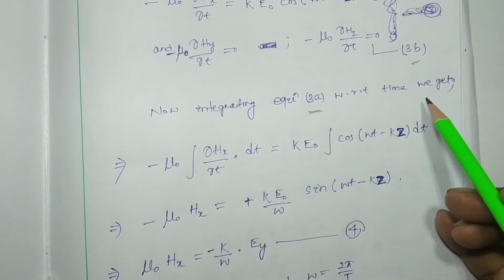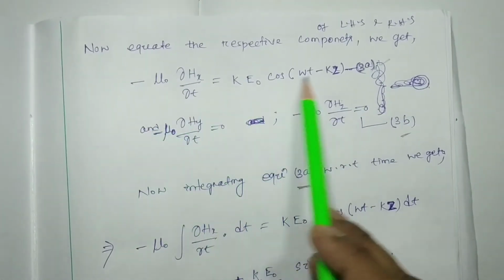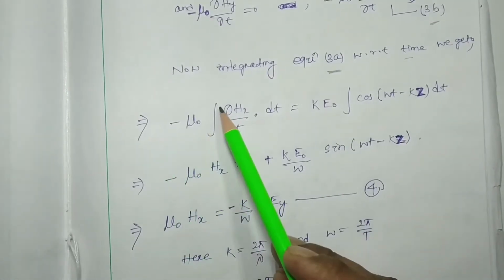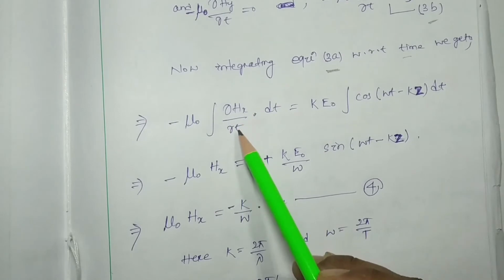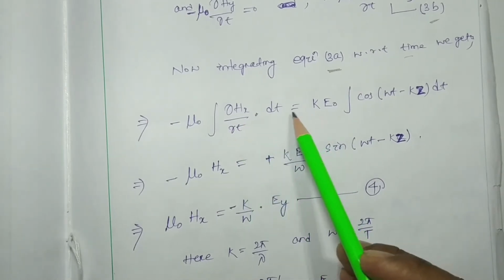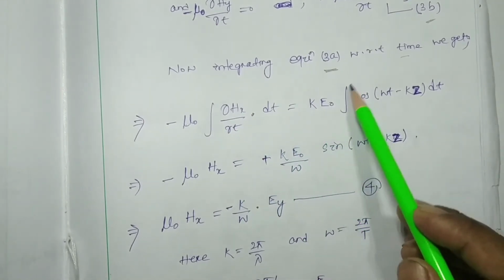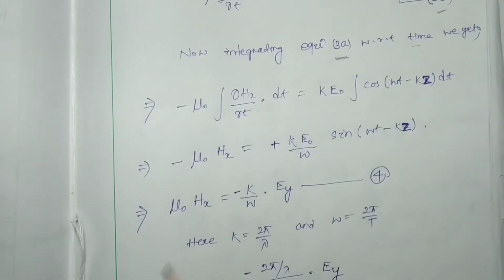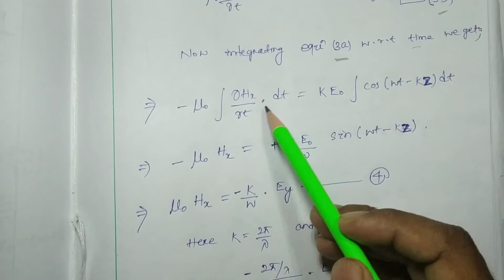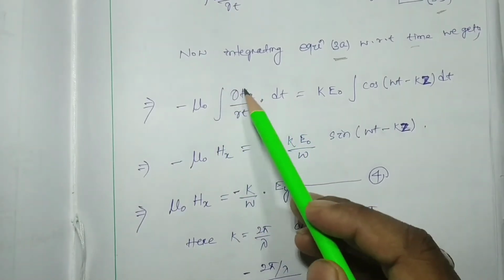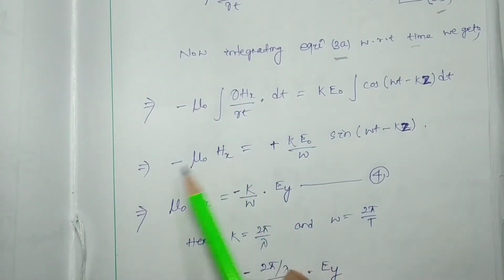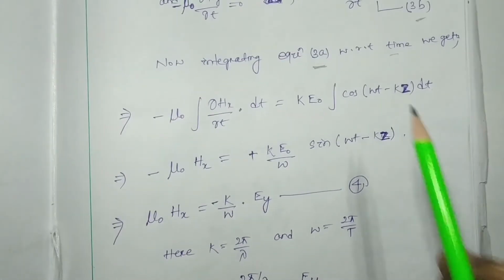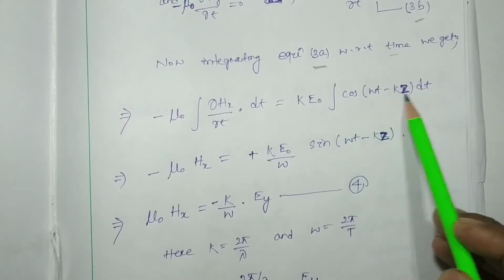What are we going to get? Just integrate this with respect to time. That will be minus mu 0 integration of del Hx by del t into dt equal to k E0 integration of cos(omega t minus kz) dt. So here del t and dt got cancelled, and the integration of this derivative gives Hx. So minus mu 0 Hx is equal to the integral of cos(omega t minus kz) dt.